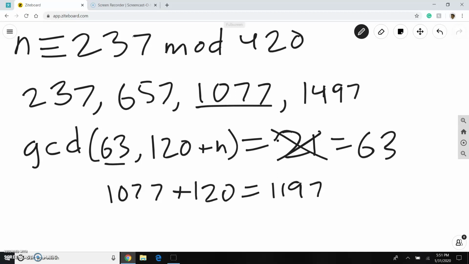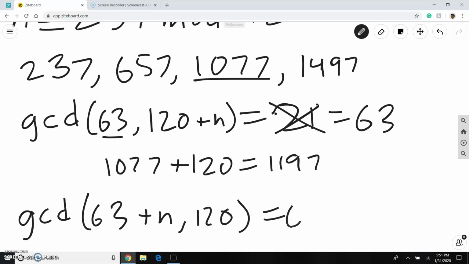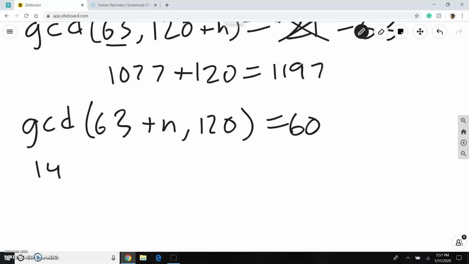1497, and we also face problems when we look at this. So we find our second statement, GCD of 63 plus n and 120 equals 60. And when we add 1497 plus 63, we get 1560.